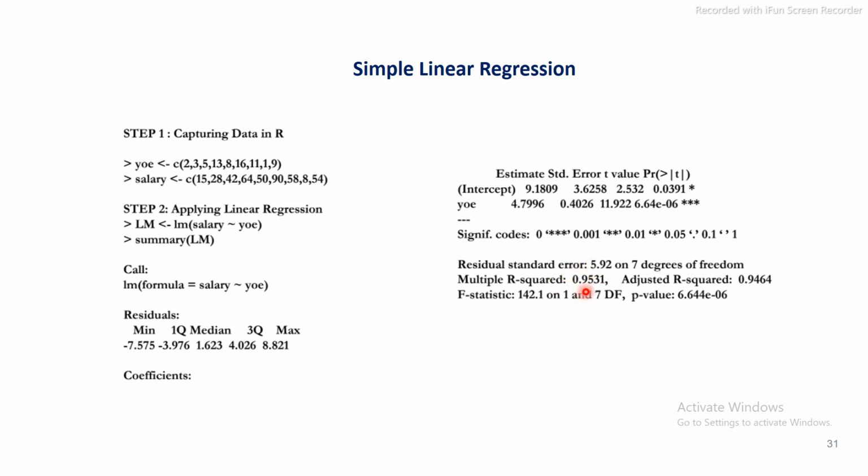It means your model is explaining 95% of the variability in the data. If this value is high, your model will give higher accuracy. It means out of 100 predictions, 95 times you will be right, because the accuracy is 95%, which is quite good.